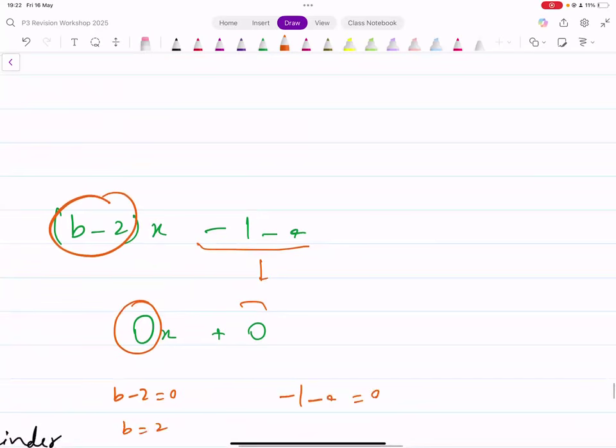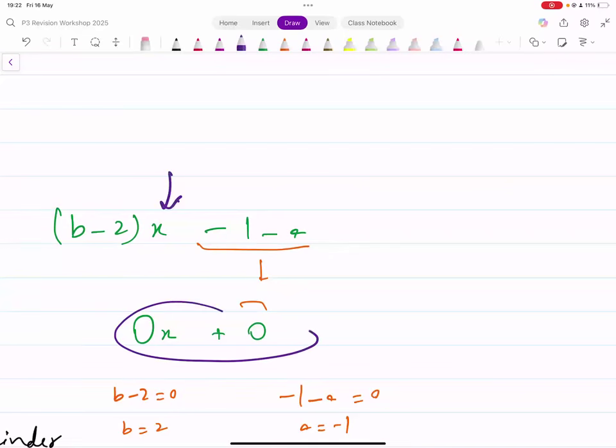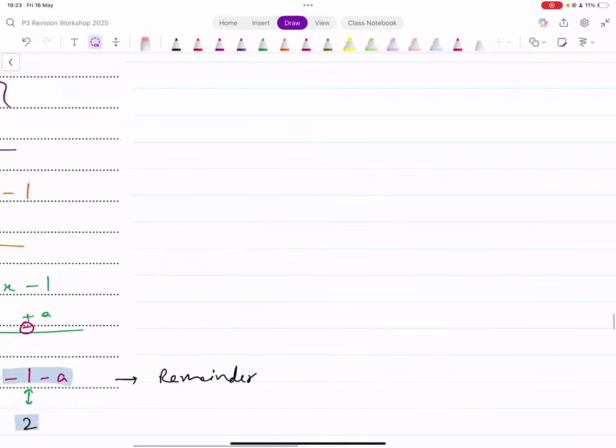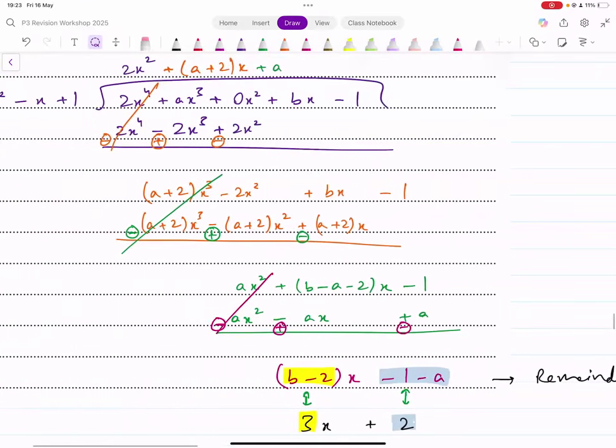That gives us b equal to 2 and a equal to minus 1. If we're getting something in terms of x, and they've just said 0, that's what we think of this. We equate each term to 0 individually. In this case, the remainder was 3x plus 2.